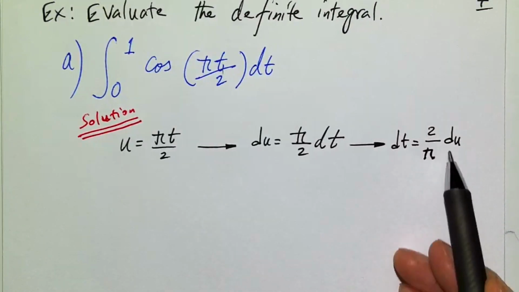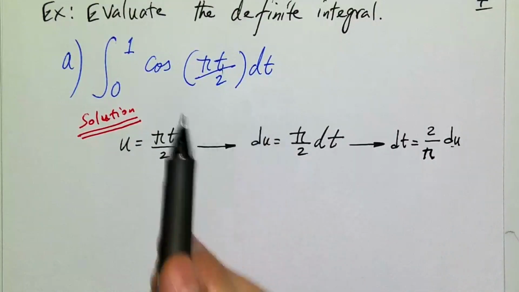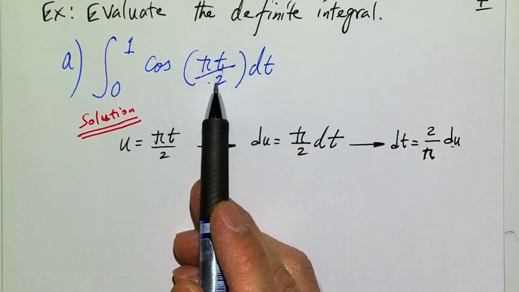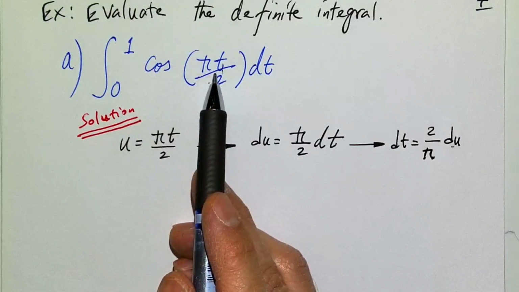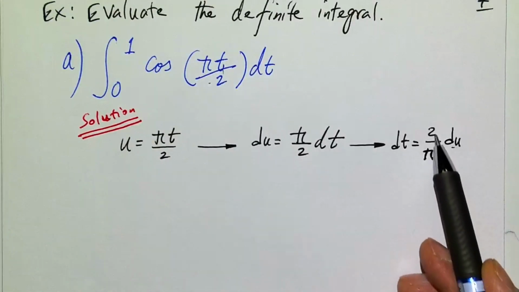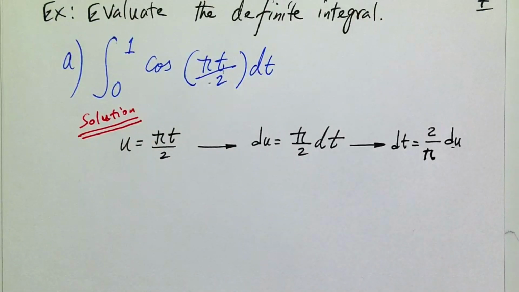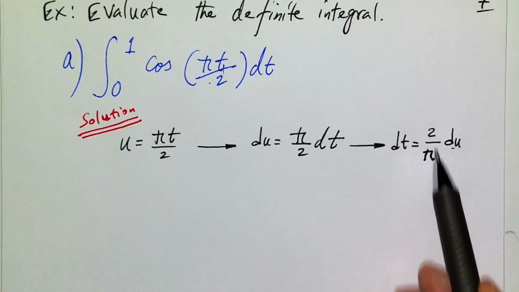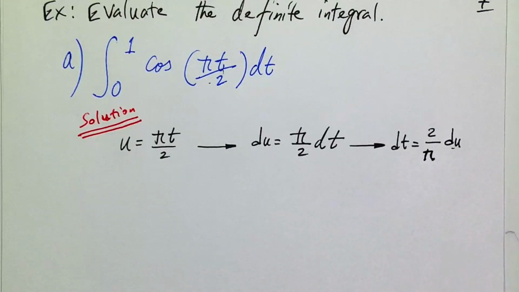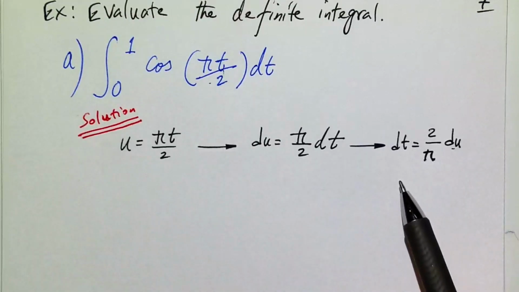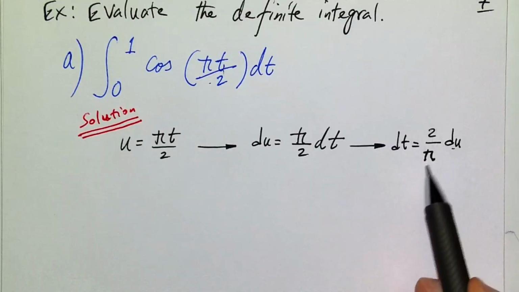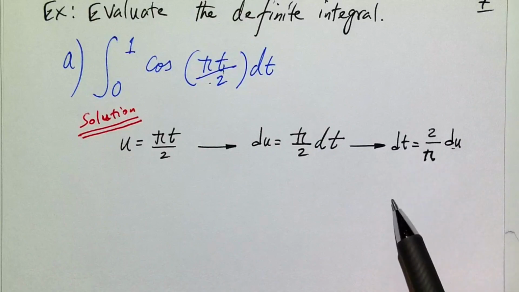So now we can substitute. For pi t over 2 we have u, so cosine of u. Instead of dt, we have 2 over pi du. And the nice thing about this is that 2 over pi is just a constant. We can pull it out of the integral. Okay, so no worries about this. This is just a constant.